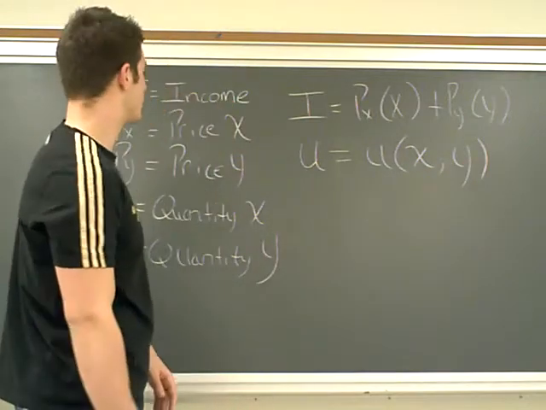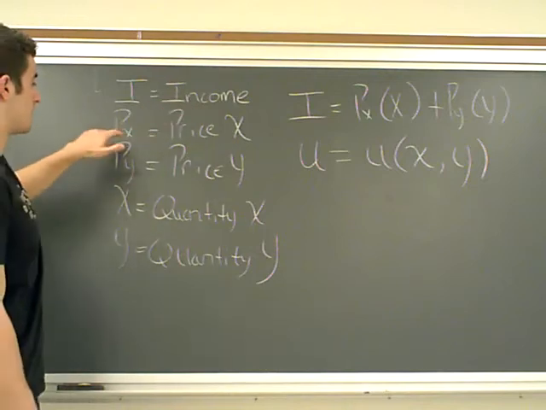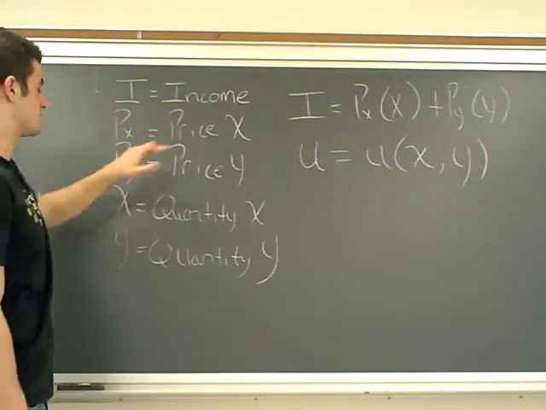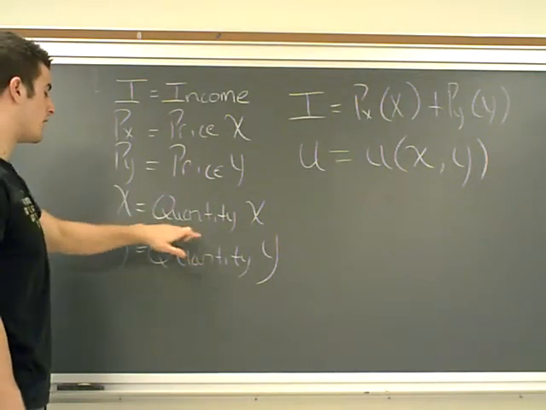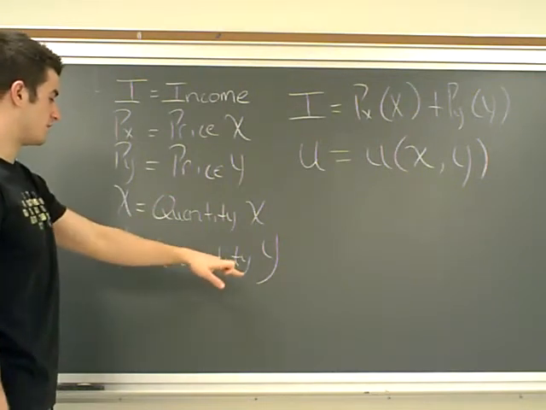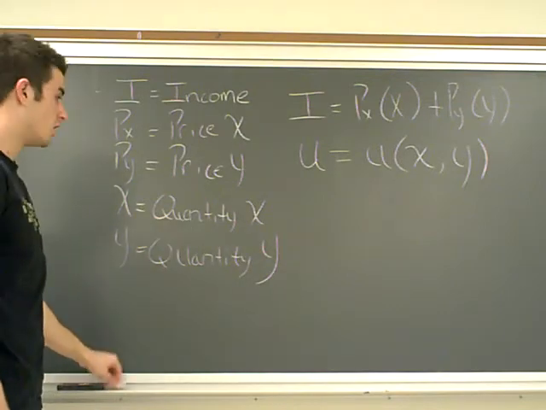Just to go through the variables again, we have I, which equals income; px, which is the price of x; py, which is the price of y; x equals the quantity of x, and y equals the quantity of y.